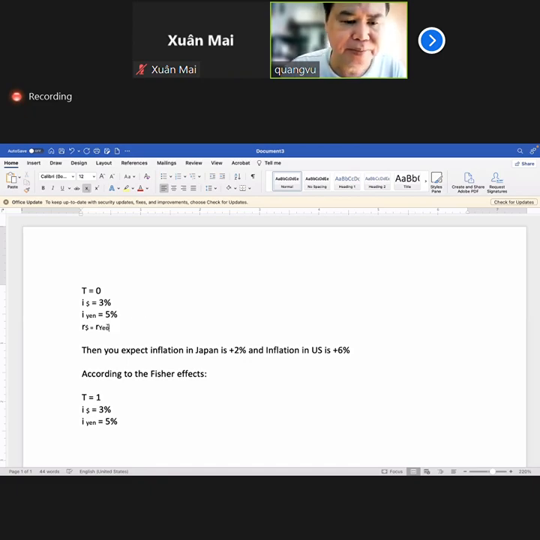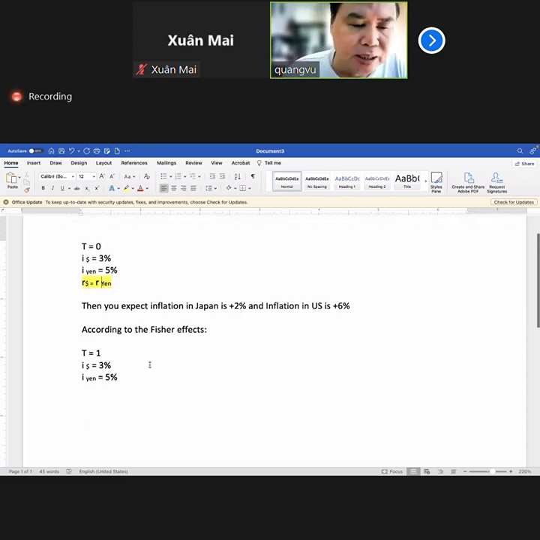Why? Because investors only care about the real rate. They don't care about the nominal rate. As long as the real rate in Japan is higher than the real rate in the United States, international investors quickly move their capital to Japan to earn a higher real rate there, and vice versa. So in the international market, investors only care about the real interest rate. So at t=0, the market reaches equilibrium where the real rate in dollar exactly equals the real rate in yen.